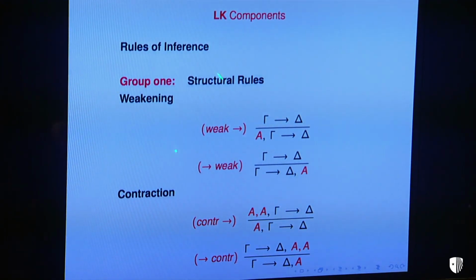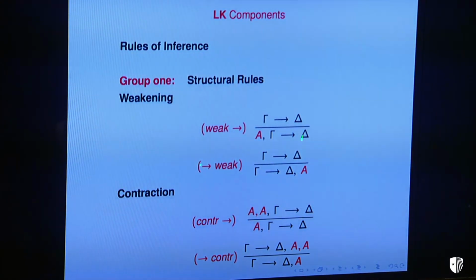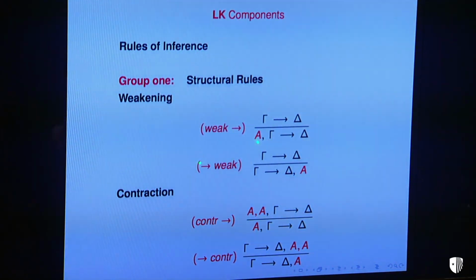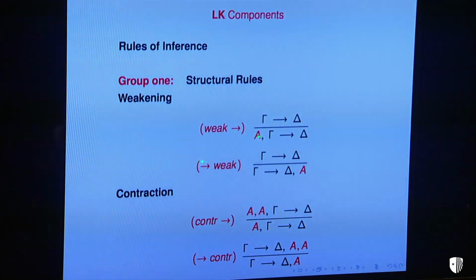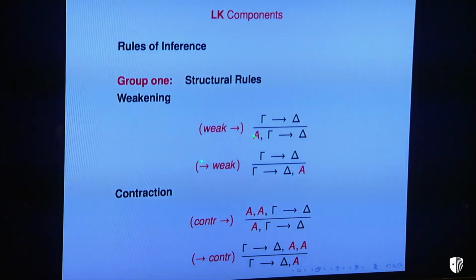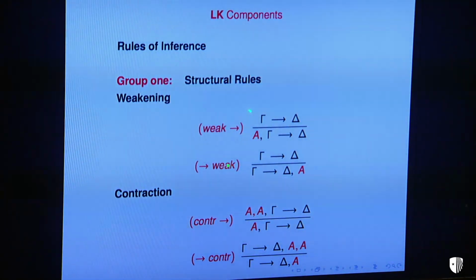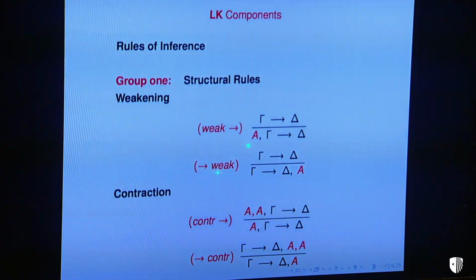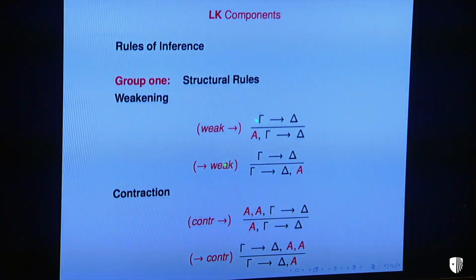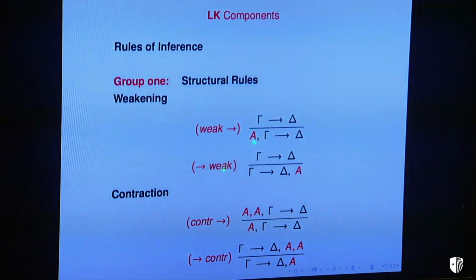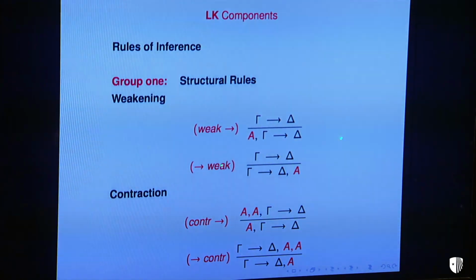And now we have structural rules, which is weakening, where you can always add a formula on the left side. As a decomposition rule, you can cross out A. That's why it's called weakening. Because when you think about this rule as decomposition, you lose A. If you go from here to here, A disappears. And the same here, A disappears.